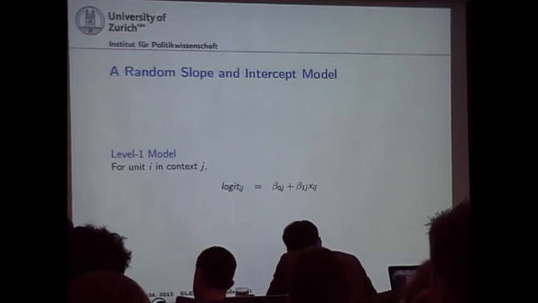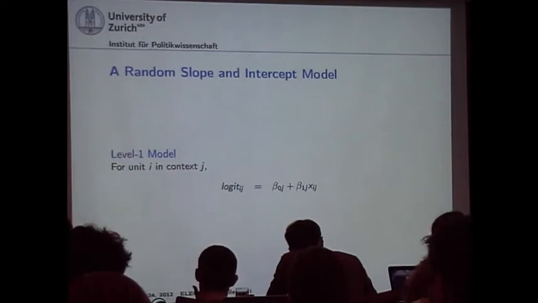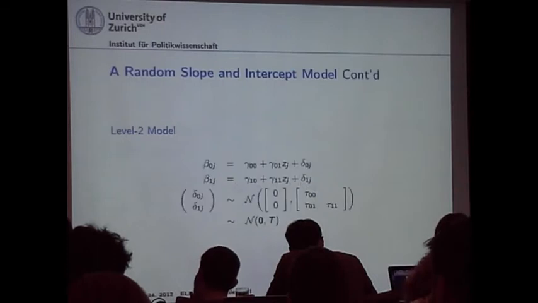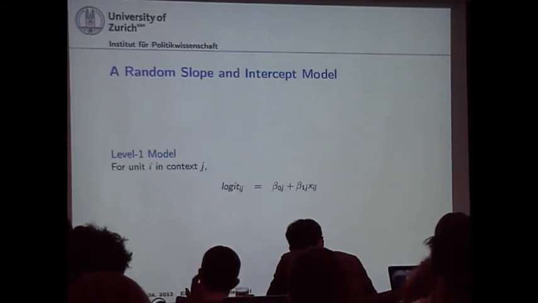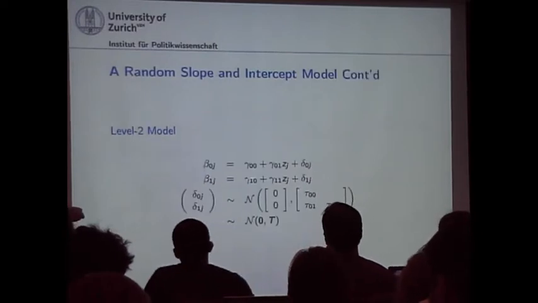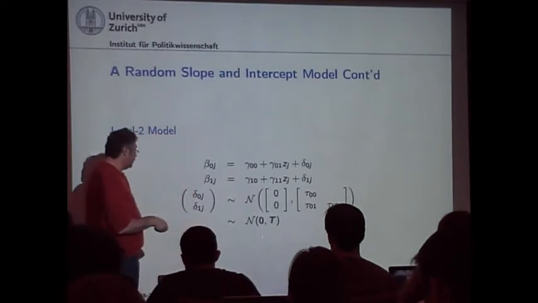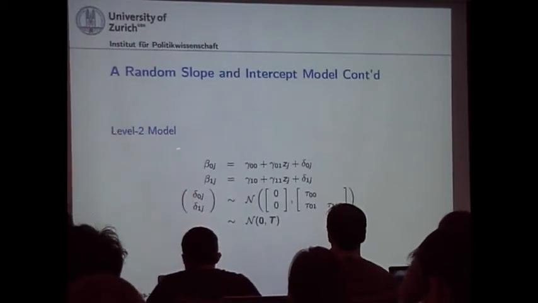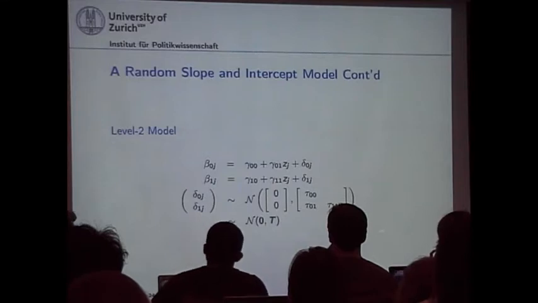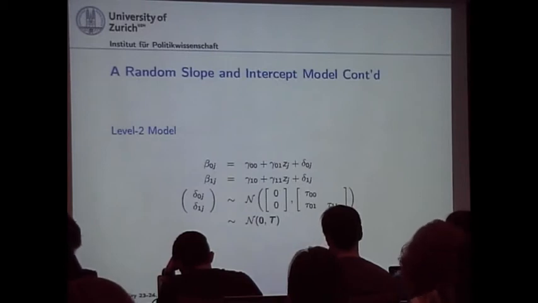Now, if we want to extend this model, we can do that. For unit i in context j, we can now also let the slope of x vary randomly, and that produces this model here, where I've now called this variance-covariance matrix T. I'll go over this fairly quickly because this part at least is really no different from what we have in the hierarchical linear model that we discussed earlier.